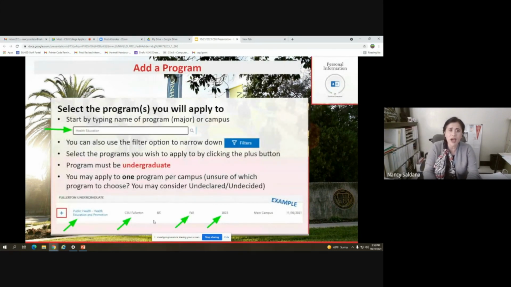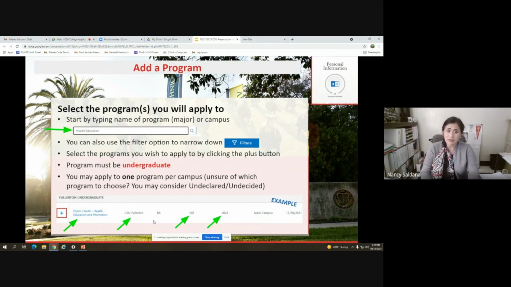Once you're done with that, you're going to be asked to identify the name of the program that you will be listing on your college application. Program is another way of saying, what is your major? So you will need to identify the program, the major that you plan to pursue, and the college that you are planning to apply to.